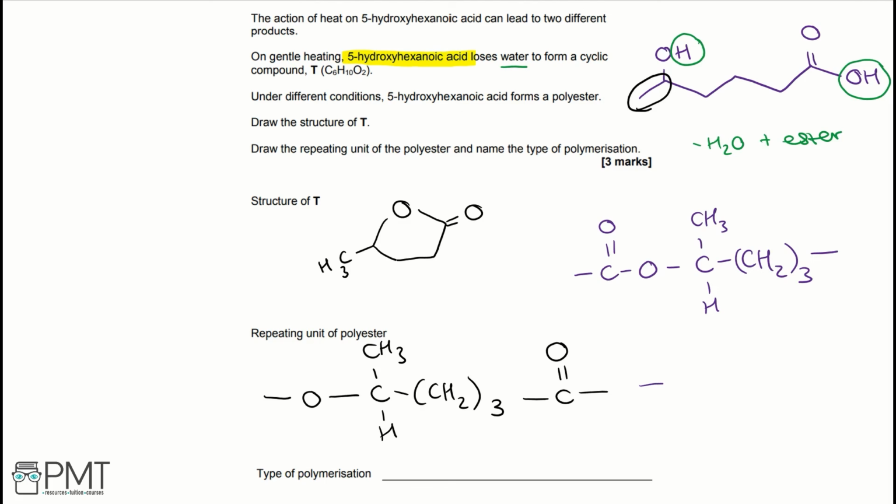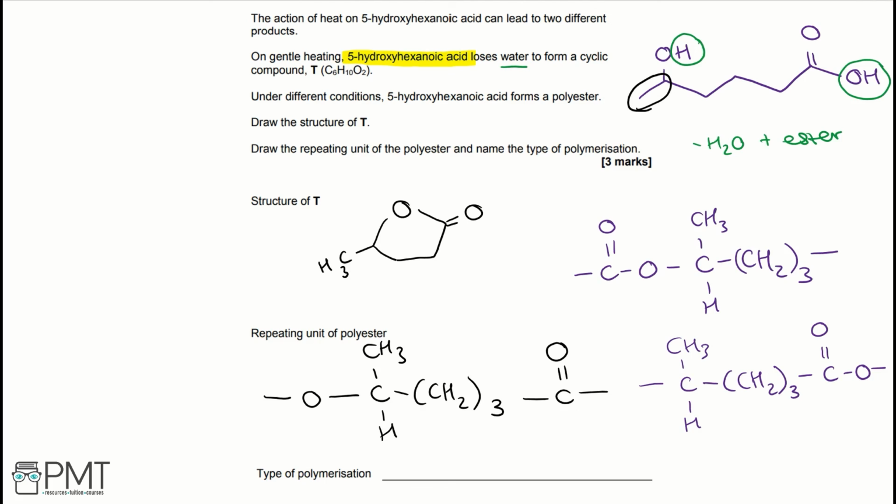So you have C, CH3, H, and then your main body. So that's going to be CH2, 3, C, double bond O, O, and then a line so that you can show that it's a polymer, it's going to continue. So you can either have the ester group at the beginning, the end, or at either side of your polyester.